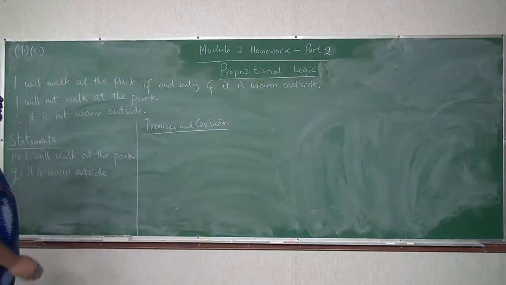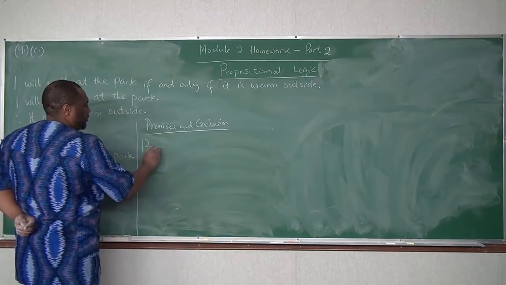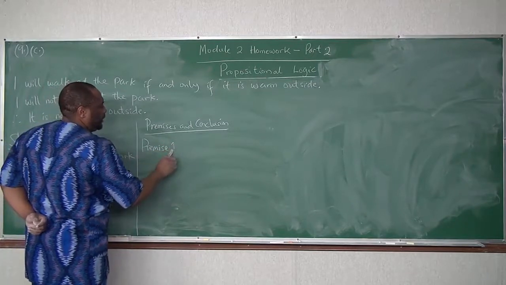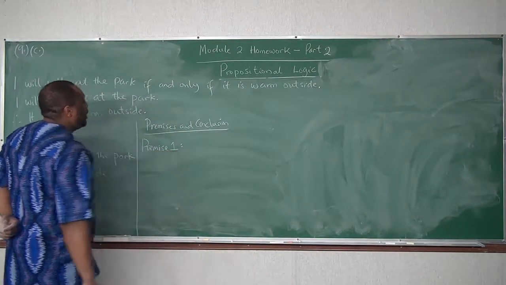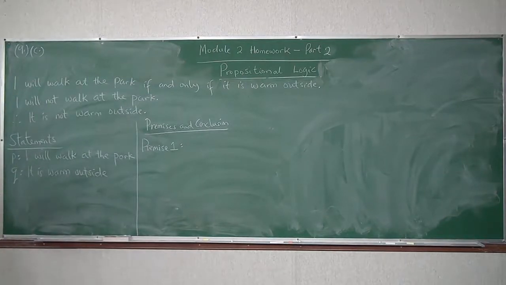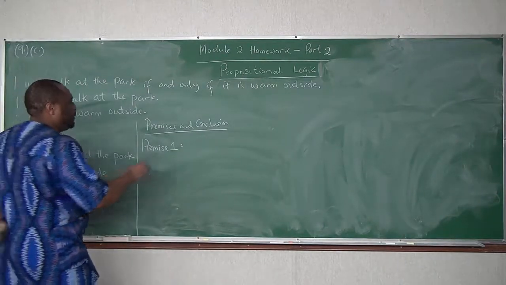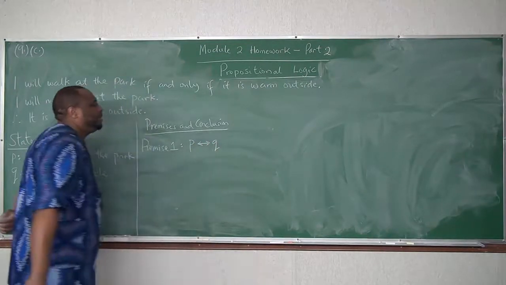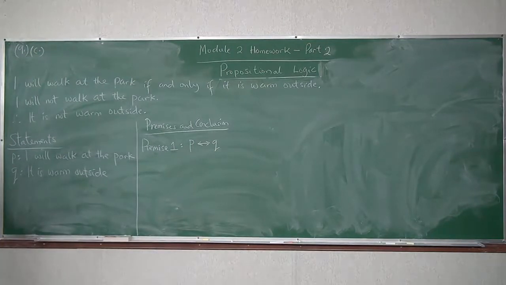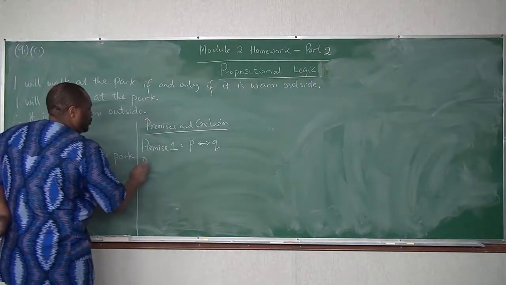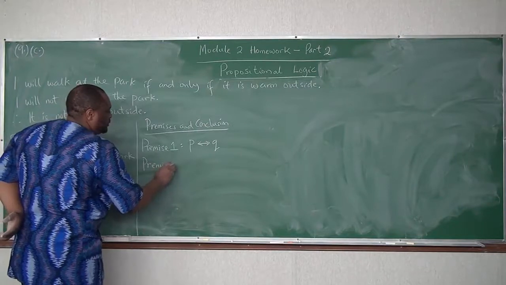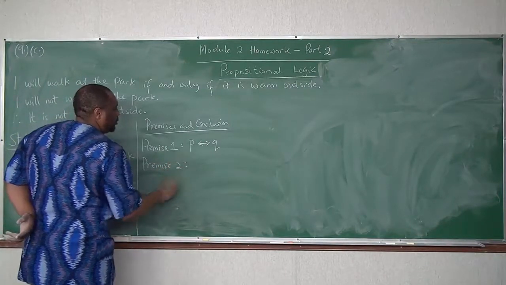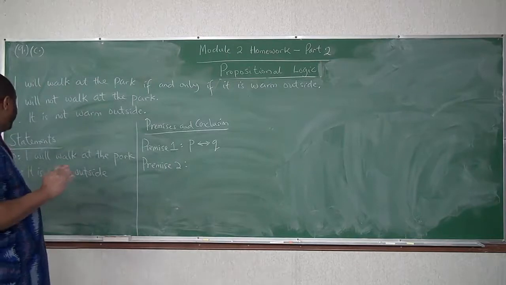Okay, so our premise one will be: I will walk at the park if and only if it is warm outside. So P, if and only if, double arrow, Q. P biconditional Q. Premise 2 is I will not walk at the park.